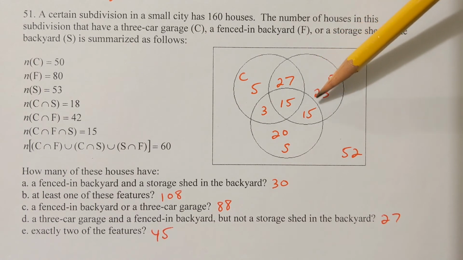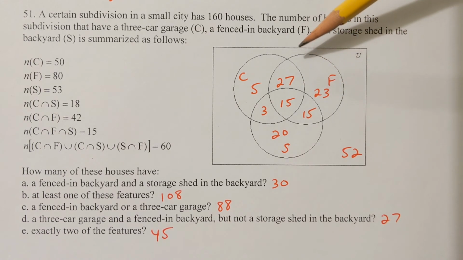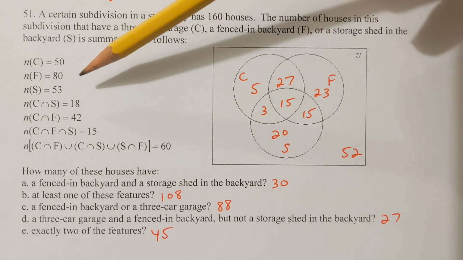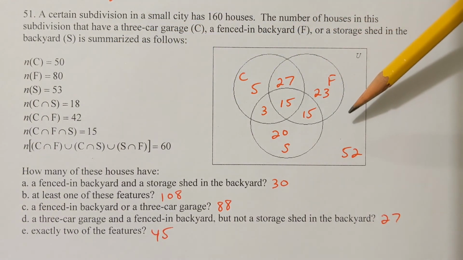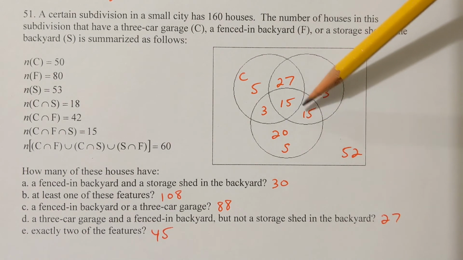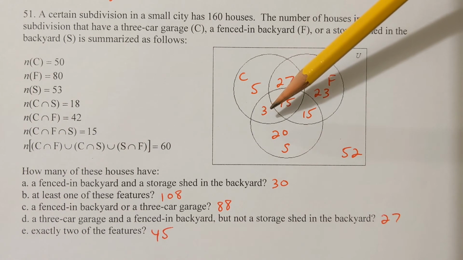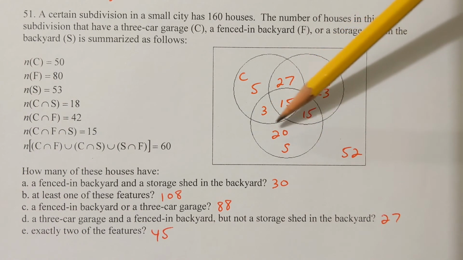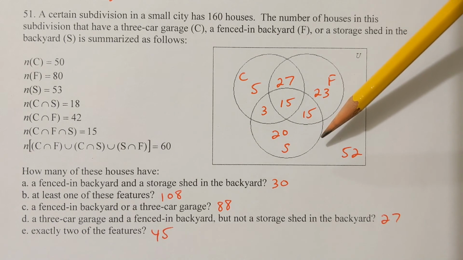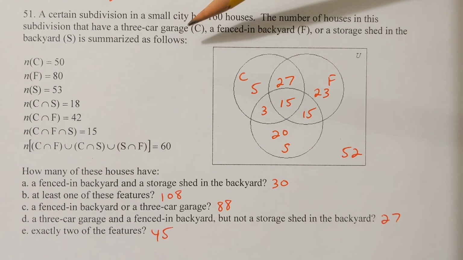I'll need 23 houses that have only a fenced-in backyard. Then the cardinality of S is 53. So 15 and 15 and 3 is 33. I need 20 houses that have only a storage shed in the backyard.